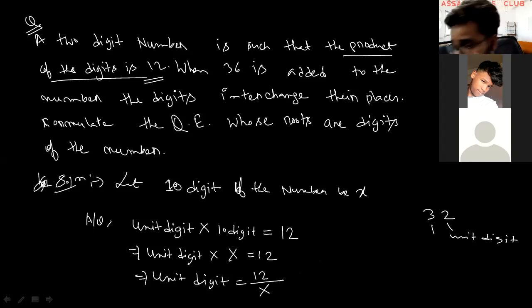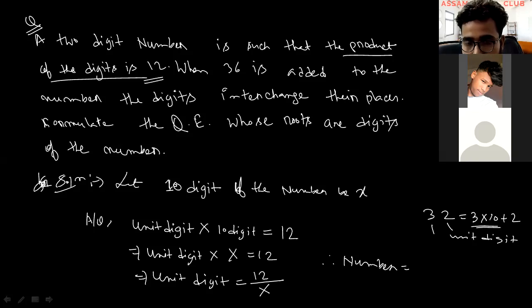So write down, hence the number. Now see, 32 we have to write like this: 3 into 10 plus 2. That means with the unit digit, this is your place value. So the ten digit you have to multiply with 10, the unit digit you have to multiply with 1, the hundred digit you have to multiply with 100. So here ten digit, so you have to multiply with 10. So it will be 10x plus 12 by x. Now this is the number.